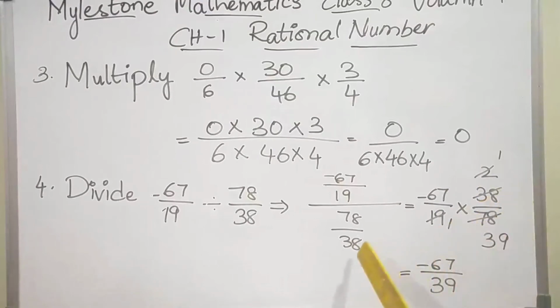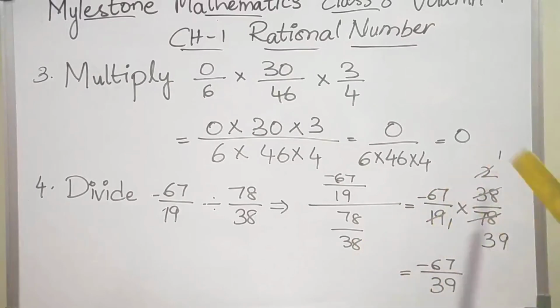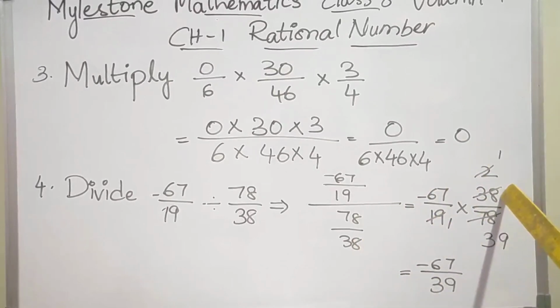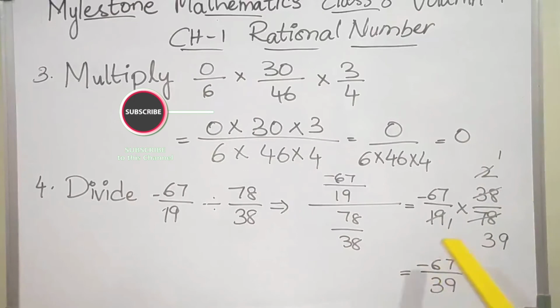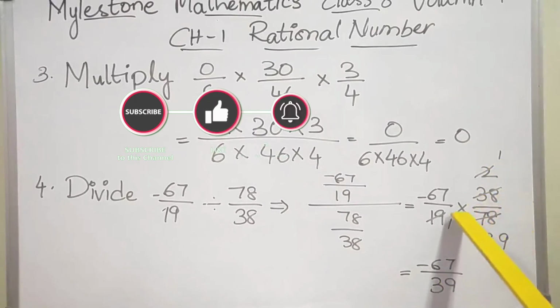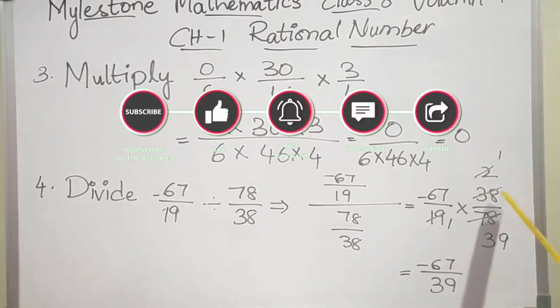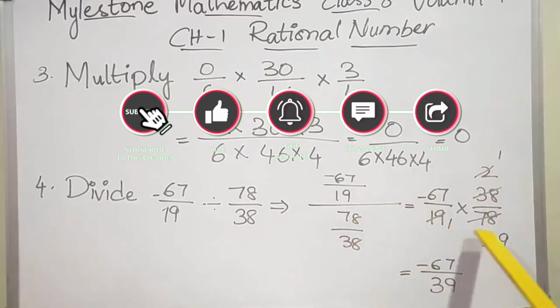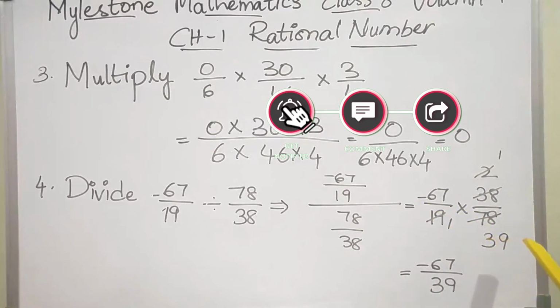The inverse of the denominator becomes the numerator here, so 38 by 78. There is no confusion in this. Simply from the division rule we are taking it into the multiplication rule. We have shifted the denominator to the numerator and the numerator to the denominator: minus 67 by 19 into 38 by 78.